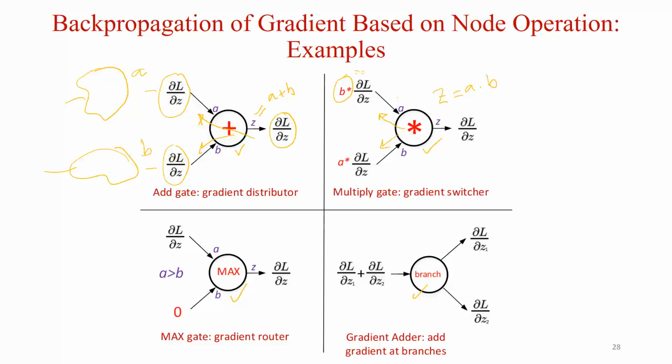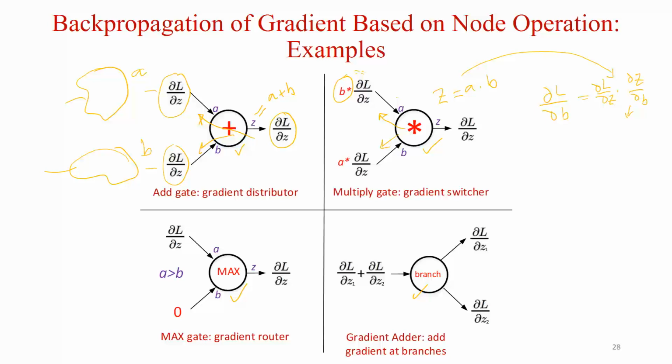This is understood because when you try to compute, let's say for example, delta L over delta B, this equals delta L over delta Z multiplied by delta Z over delta B. Okay, I did the other side.